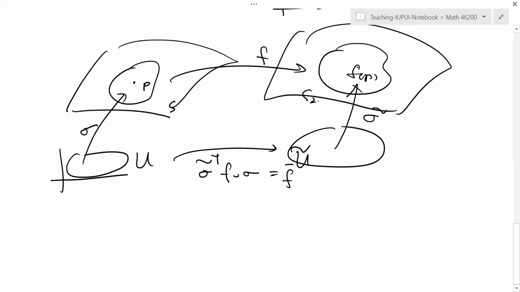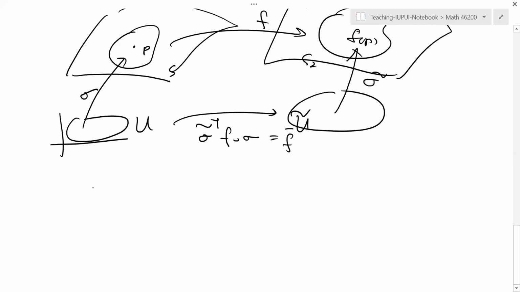This is S1, S2. So take a look at this: dF_P of sigma_u. It's going to be the differential.